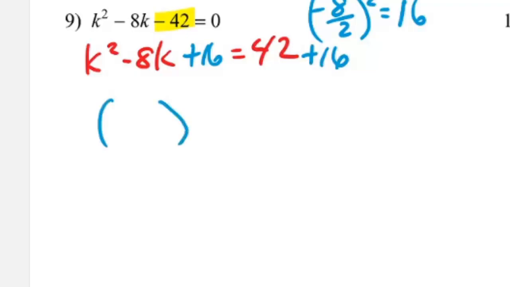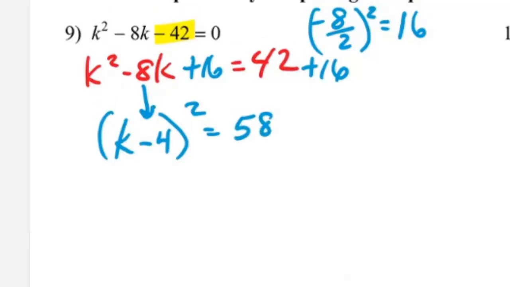Okay, then our square becomes k minus the number that goes here, which is always half of negative 8, or the number in that position, the b value. So k minus 4 squared equals 58.